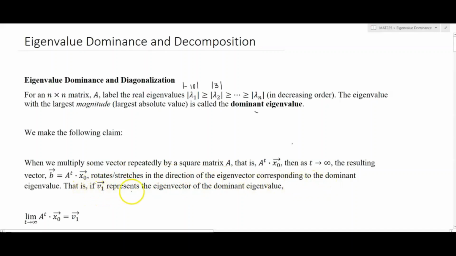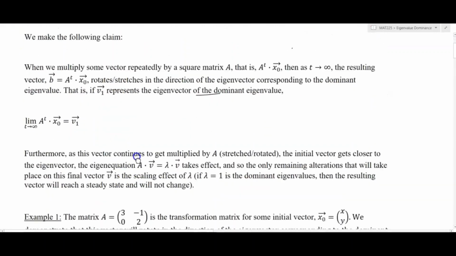That is, if v1 represents the eigenvector of the dominant eigenvalue, then we can say that as t approaches infinity, the limit of that multiplication results in something that approaches v1. And let's now provide some additional justification for that.